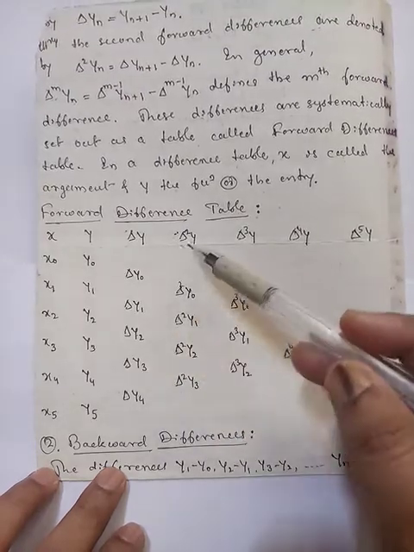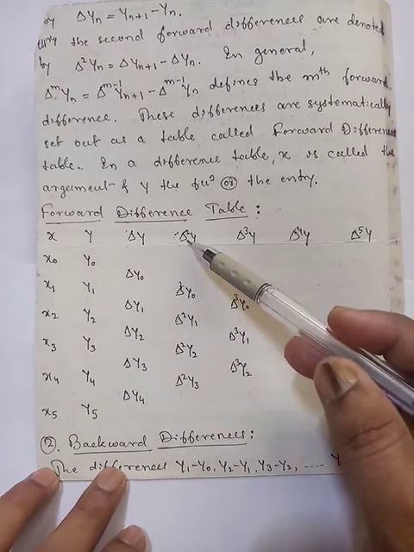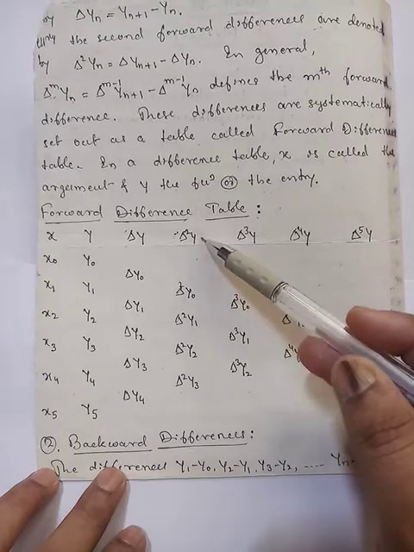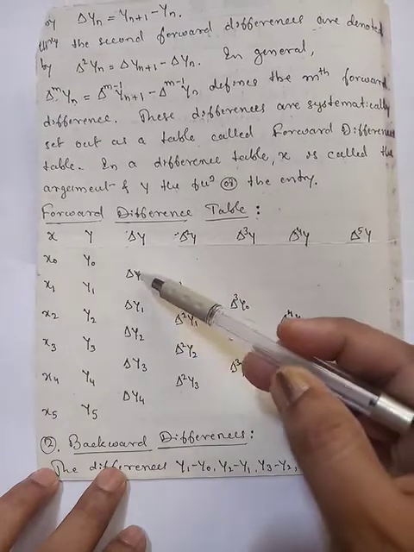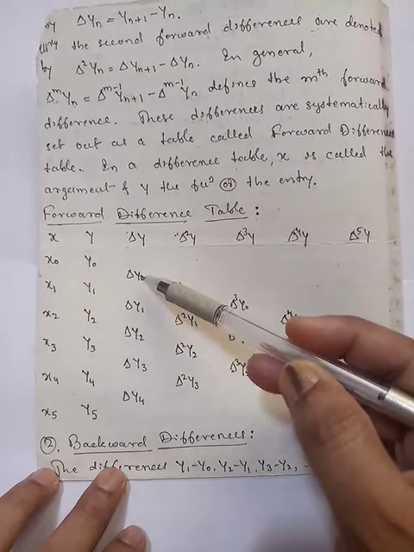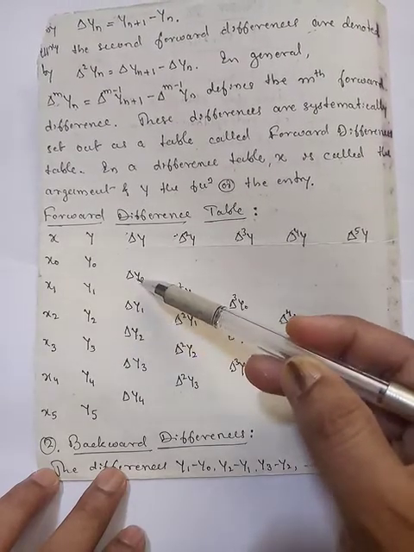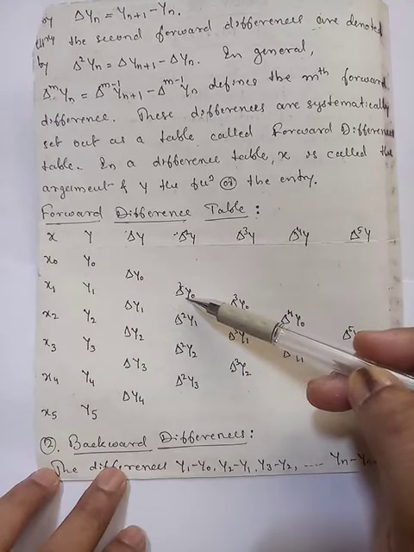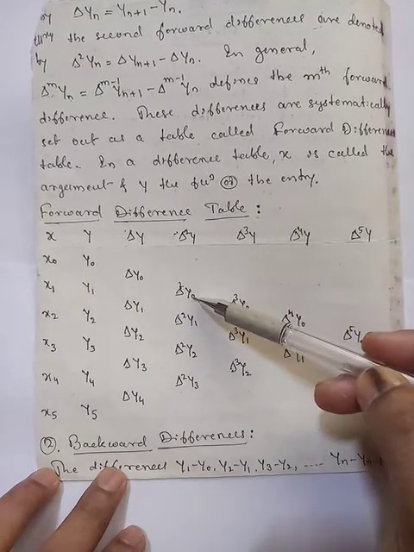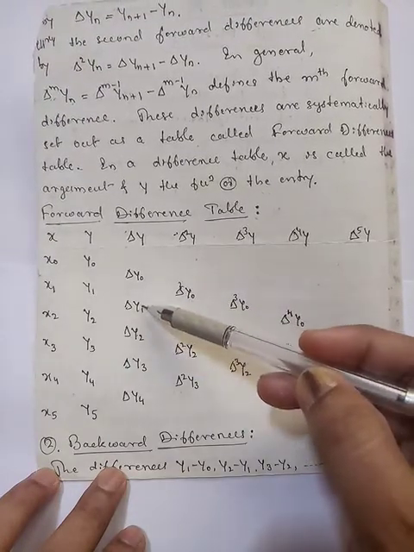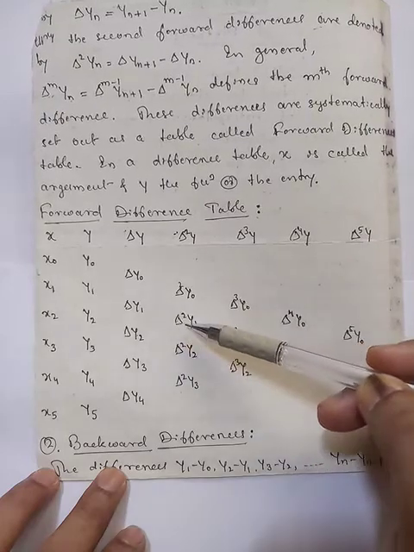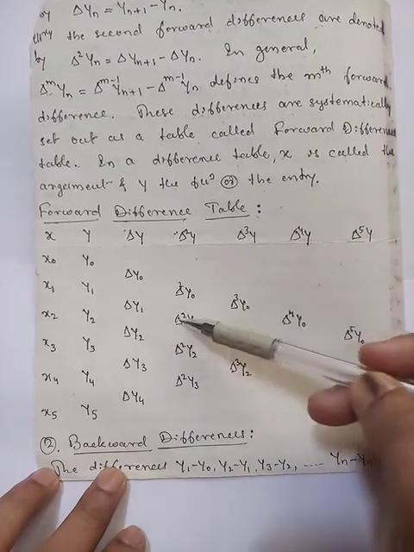Then the second forward differences we write as delta square y. We take the differences of these: delta y1 minus delta y0. Do not take the reverse. We take delta y1 minus delta y0, and denote it as delta square y0. Similarly, delta y2 minus delta y1 is delta square y1, and that value we write in the middle.